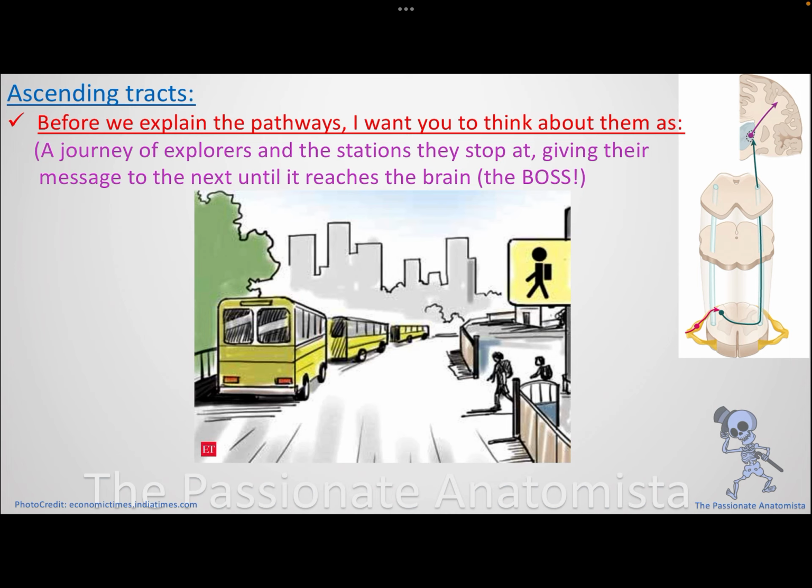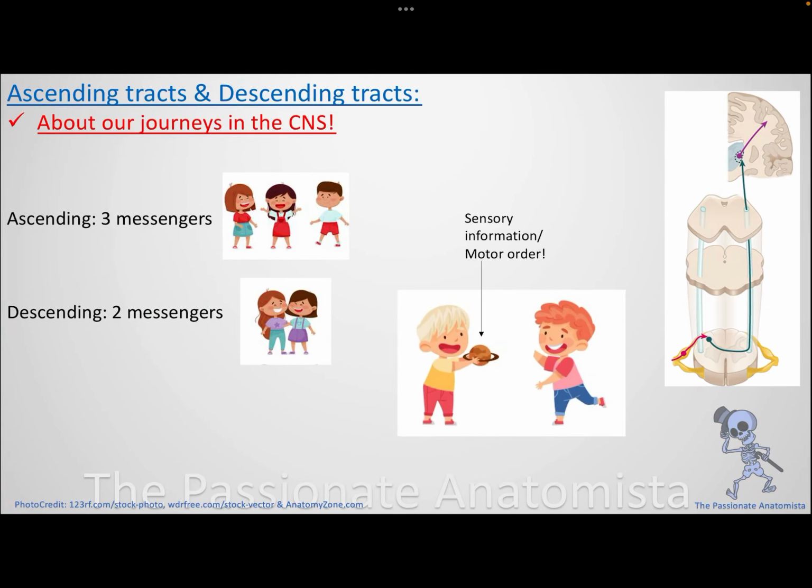But for now, for all the ascending tracts of the spinal cord, the VPL nucleus of the thalamus is going to be our final destination in terms of the tracts. And then from there, you are going to project the last order neuron to the cerebral cortex, to the somatosensory area. Okay, let's proceed.